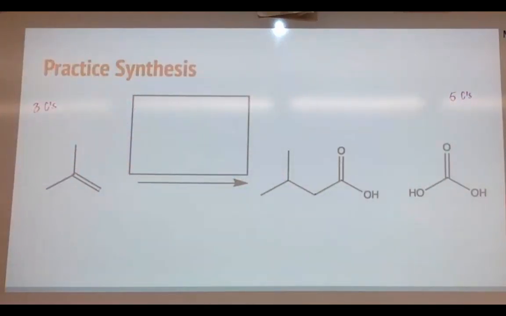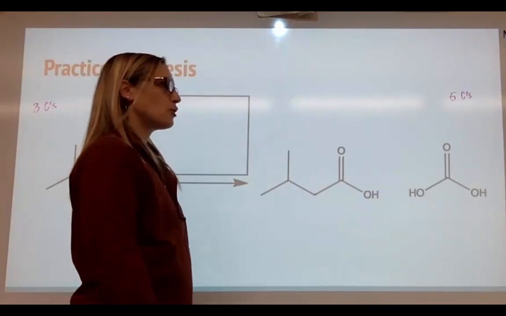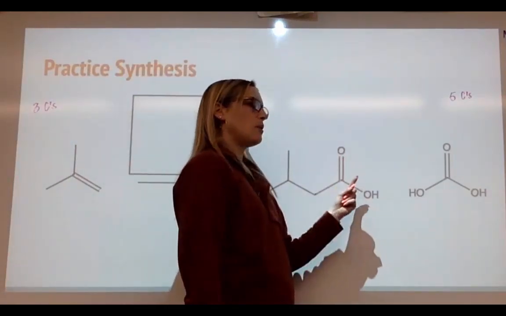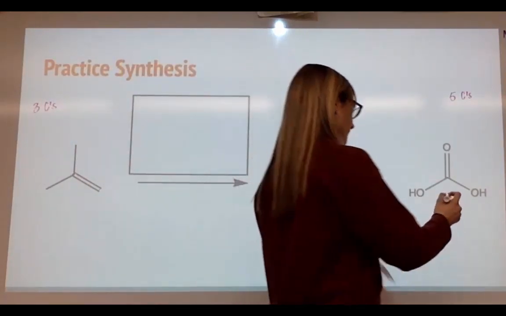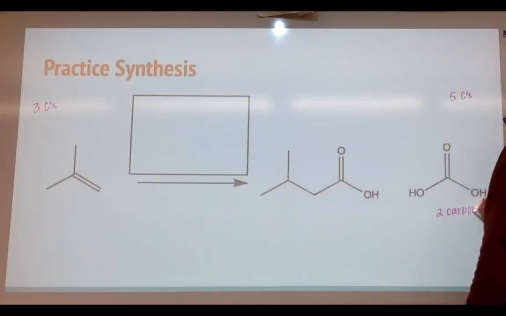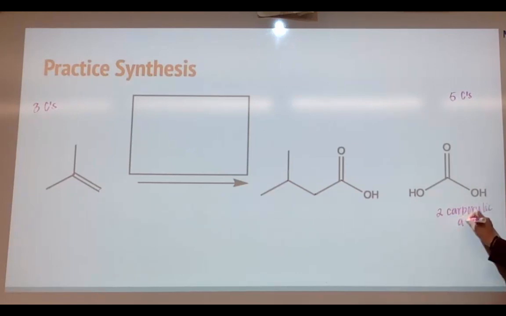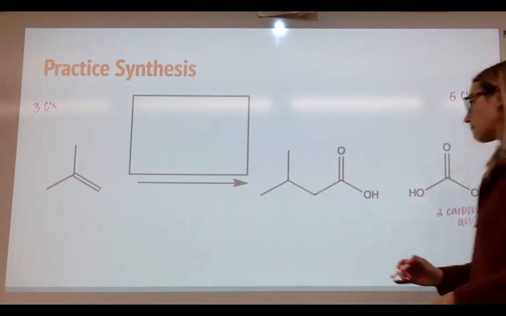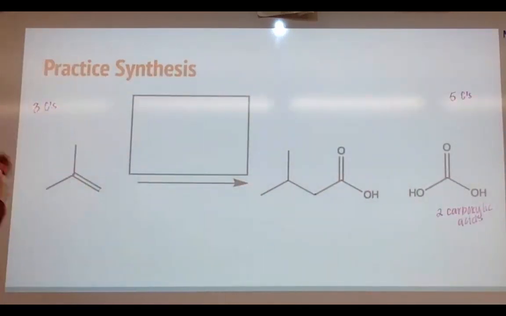Now I notice the other thing is that there are 2 products. What is the functional group when you have COOH? So this actually forms 2 carboxylic acids. So I notice that I have to elongate the chain. I also notice that the product is 2 carboxylic acids.